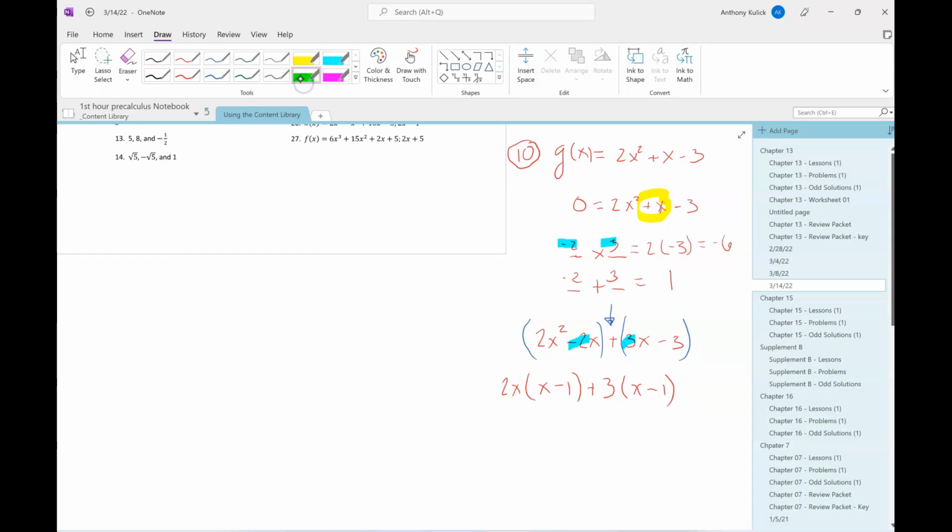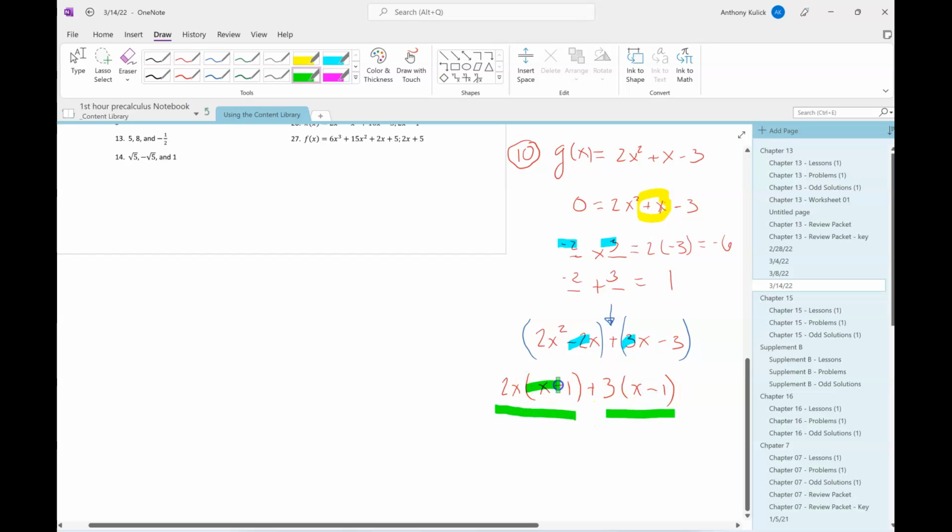And now if I look for a greatest common factor amongst both terms, I notice they both have an x minus 1 in common. And when I factor that out, that leaves me the 2x plus 3. And remember, this was still all equal to 0. I guess I forgot writing that for a minute.